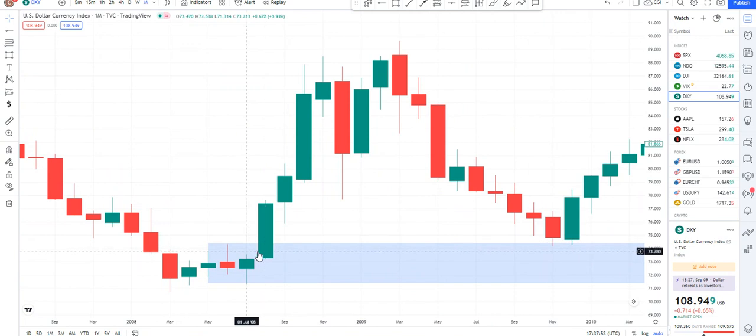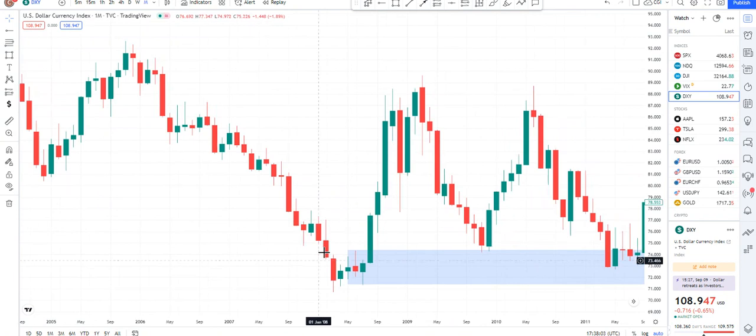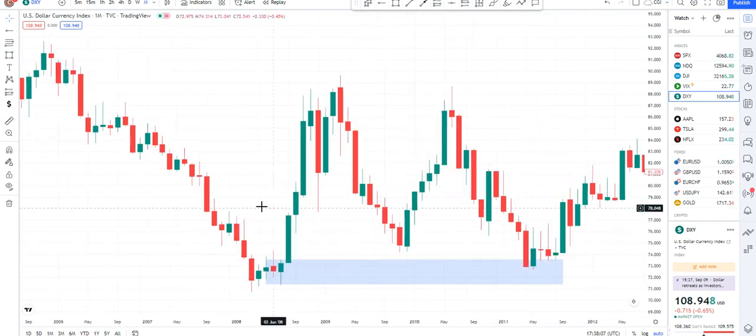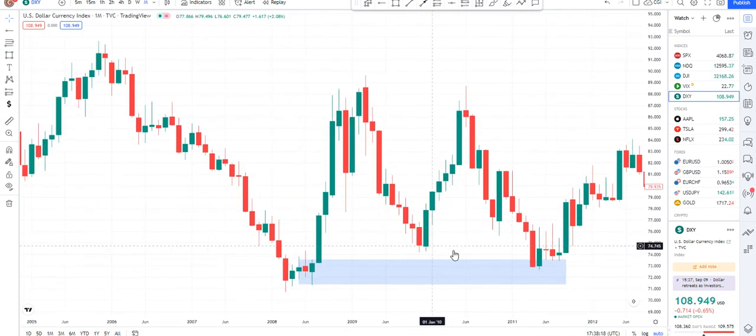This week right here did not mitigate this previous week right here. So that means you can now shift your point of interest down to that candle where the thing last got mitigated. So this will now be your supply zone, or demand zone.